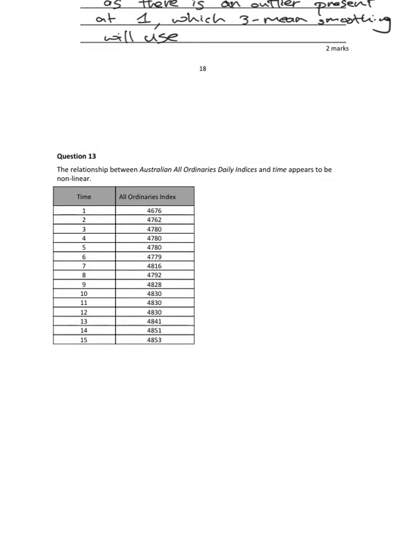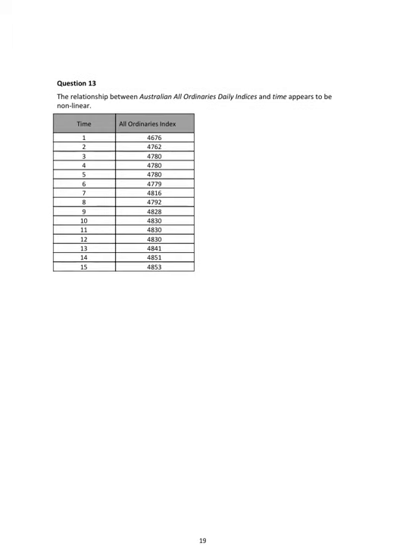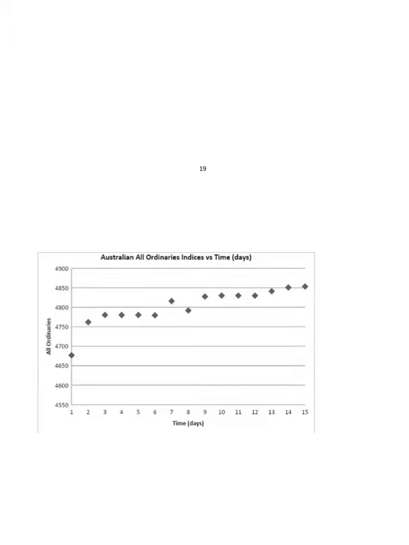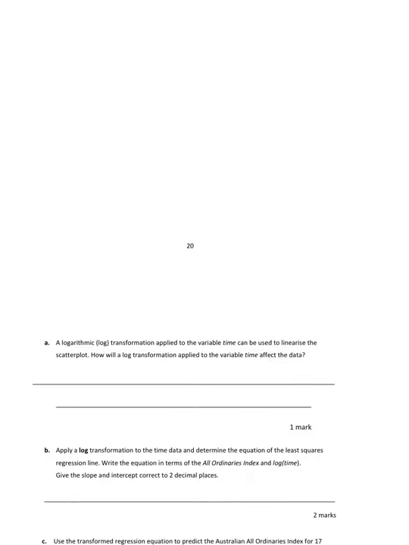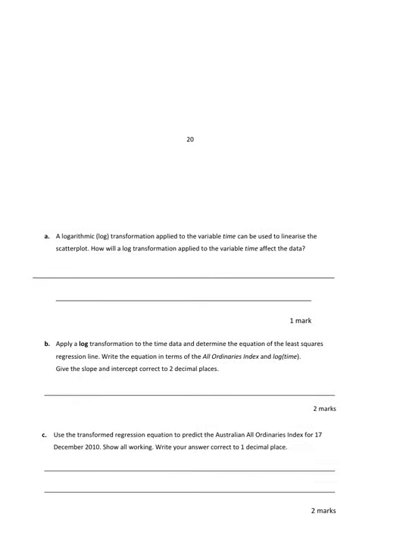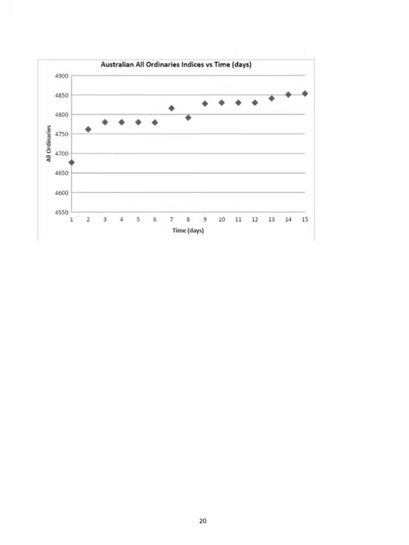Alright, last question. It's just showing that it's non-linear. The relationship between the All Ords daily indices and time appears to be non-linear. We've got the data there below. What they do is apply a log transformation to the variable time. Time, in this case, for a time series, is always the explanatory variable.